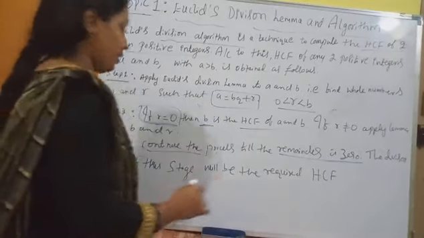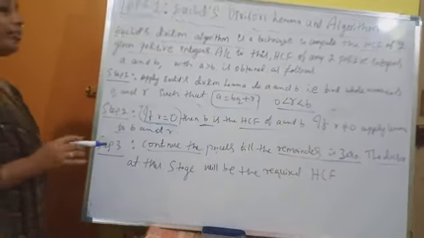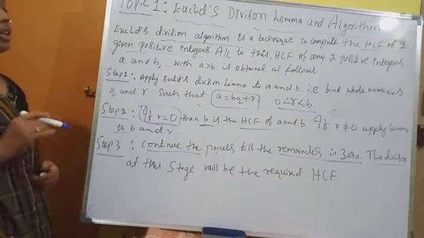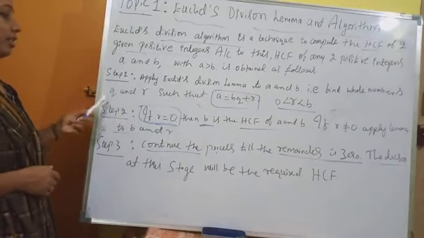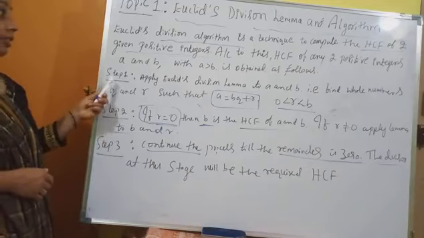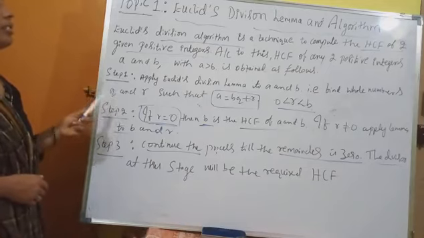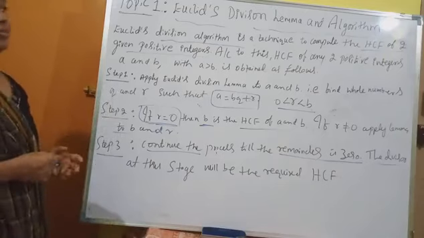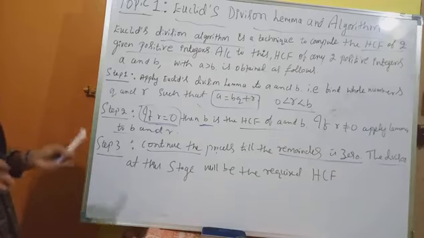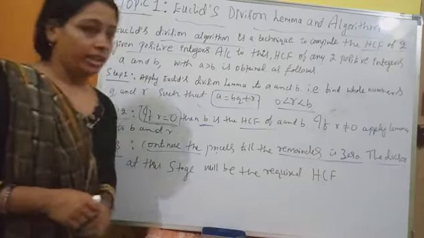The divisor at this stage will be the required HCF of the given two numbers. These are the 3 steps we have to follow in Euclid's division algorithm, and simply, the algorithm is to find the HCF of two given numbers.